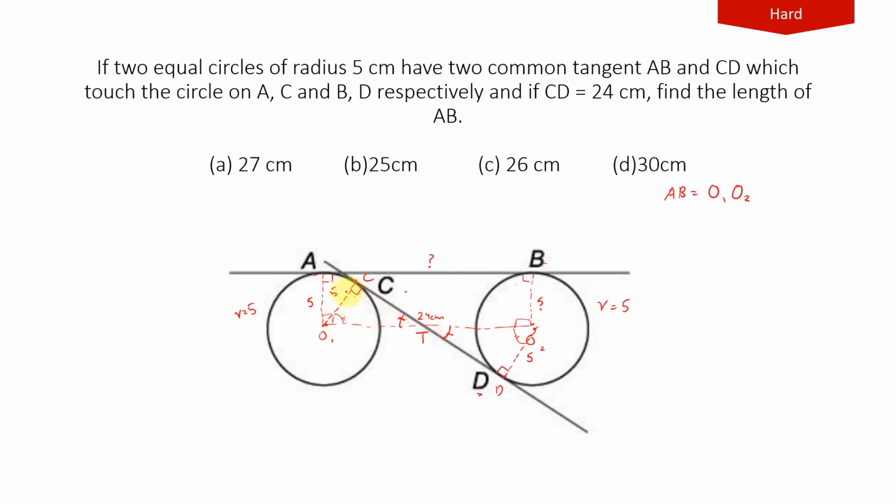Apart from that, we are also given that both of them have the same radius. So these two sides are also equal. This means that not just similar, these two triangles are also congruent. If these two triangles are congruent, that means that O1T is also equal to O2T.